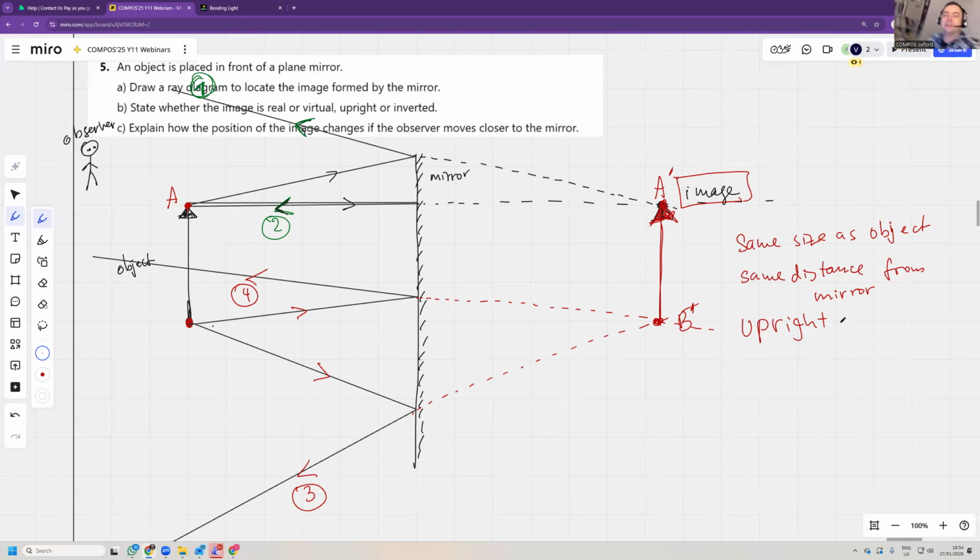Does that mean that the image is actually smaller than the object? Because the object is the cupboard, and the image that you see fits inside a small mirror. Does it mean that the image is smaller than the object? That's a question for you. What do you think in the chat? Do you think the image of the cupboard is smaller than the cupboard?